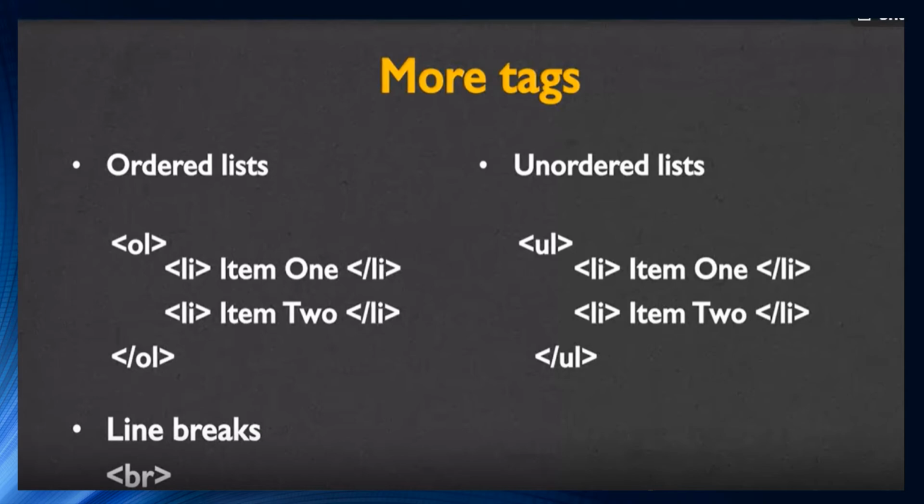Two additional tags that you'll find you'll use a lot are the list tags. If you put in the tag OL, that stands for an ordered list, by default it's going to put each list item as 1, 2, 3, etc. You need to make sure that you end each of your list items before you start the next one.